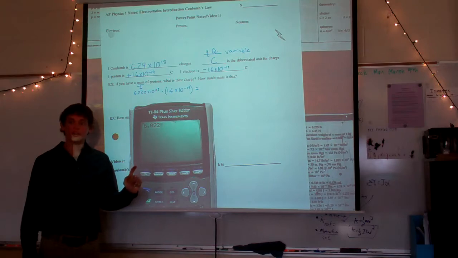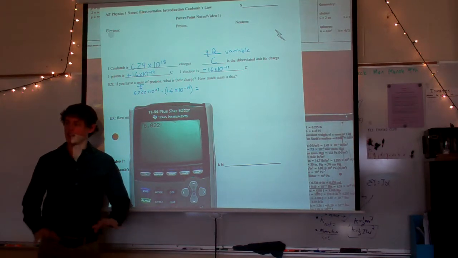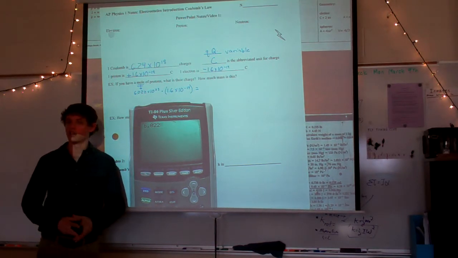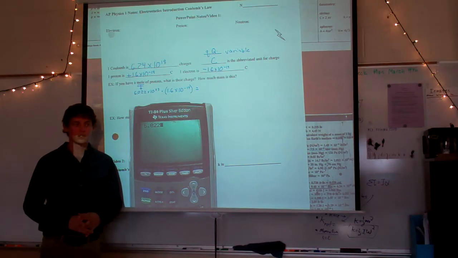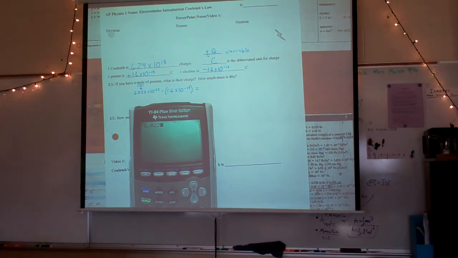Do not use times 10 caret ever. Use the E key, second comma. Here's what you need to type in: E, 23.